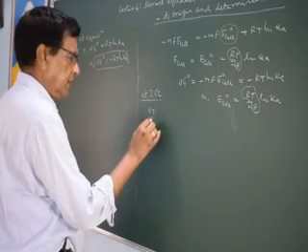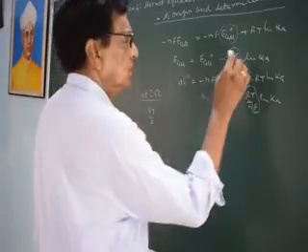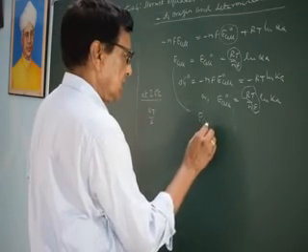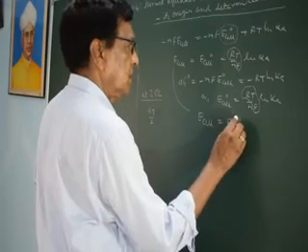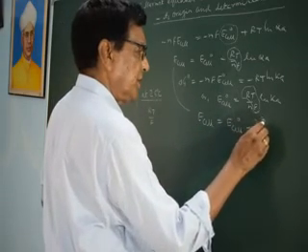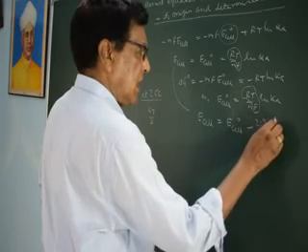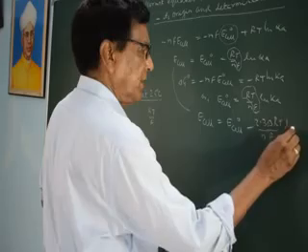We can also write E cell equal to E cell naught minus 2.303 RT divided by nF and log QA.